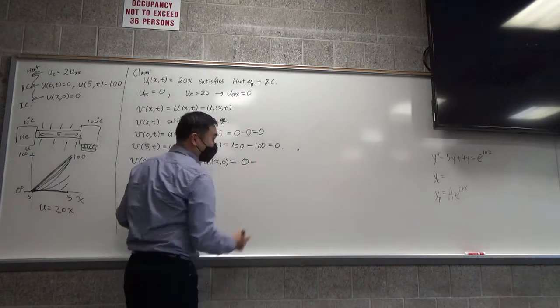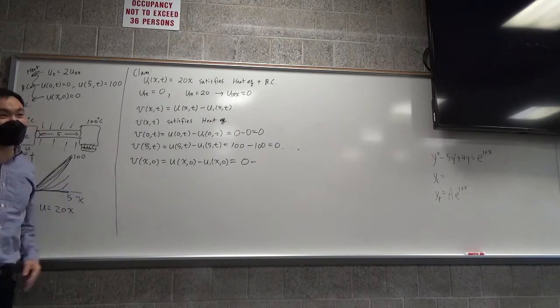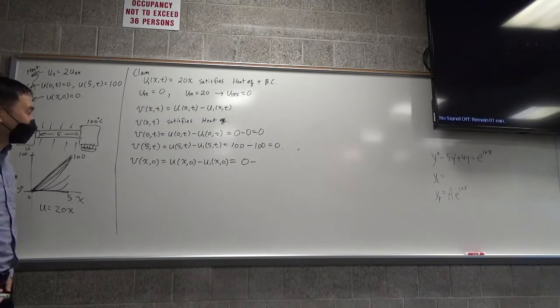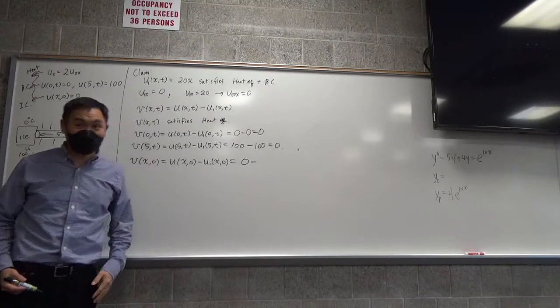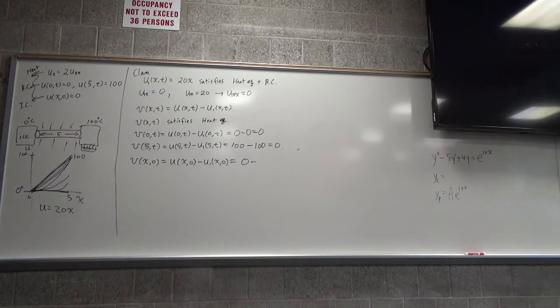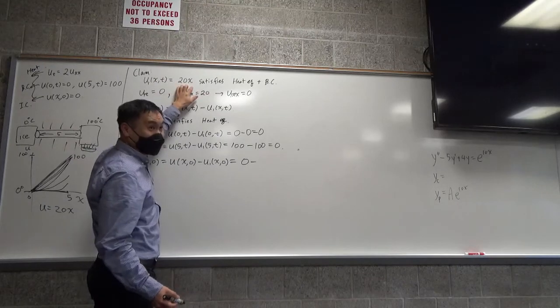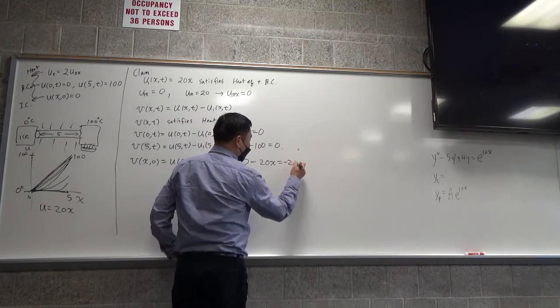I would give you the answer, but this is such a nice question to ask. I want you to think about it. Think about what u1(x,t) is. What would you get if you evaluate u1(x,0)? Would you just get 20x? Yes! This is u1(x,t), right? You plug in t equals 0. It doesn't depend on t, so it's just 20x. So you get negative 20x.